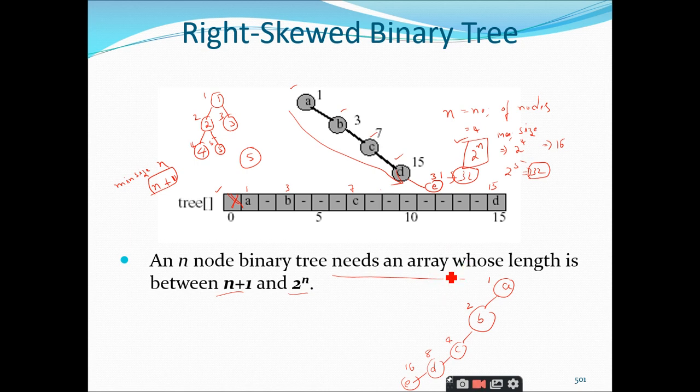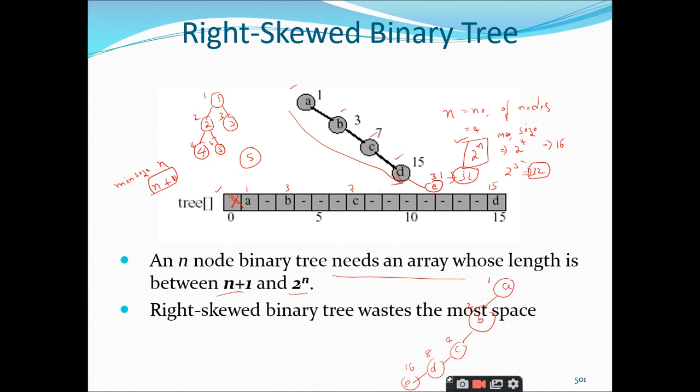I think your doubt has been cleared, right? So the maximum size will be allocated for the right skewed binary tree, and maximum wastage of memory will happen in the right skewed binary tree only, but it is not the case with the left skewed binary tree. Right skewed binary tree wastes the most space.